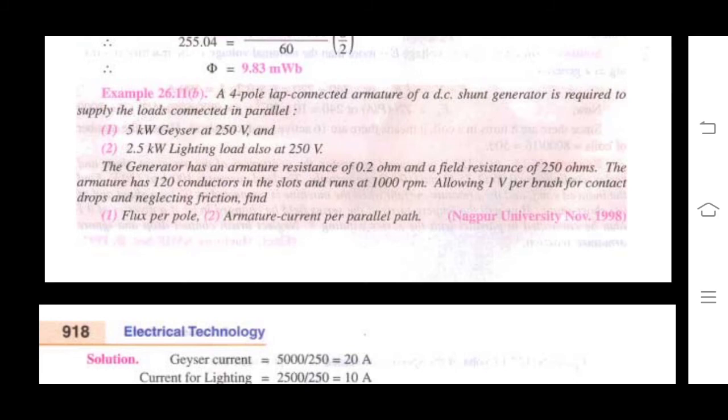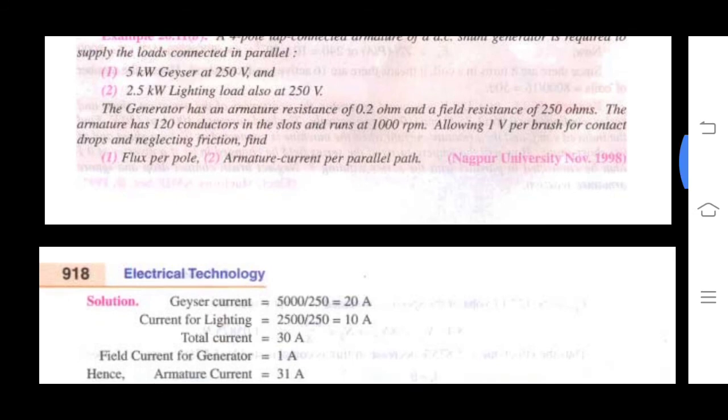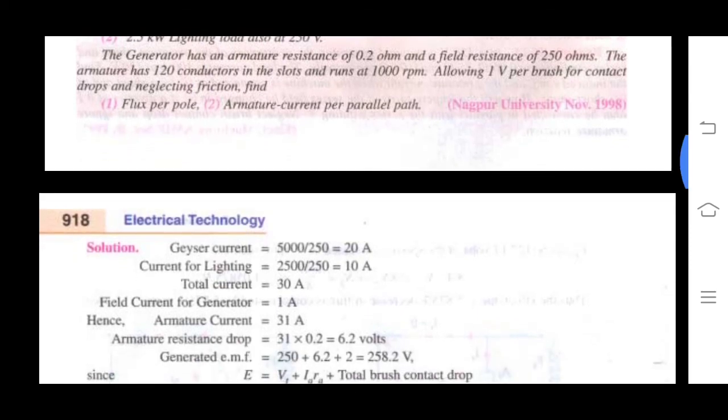The generator has an armature resistance of 0.2 ohm and a field resistance of 250 ohms. The armature has 120 conductors in the slots and runs at 1000 rpm, allowing 1 volt per brush contact drop and neglecting friction. Find the flux per pole.